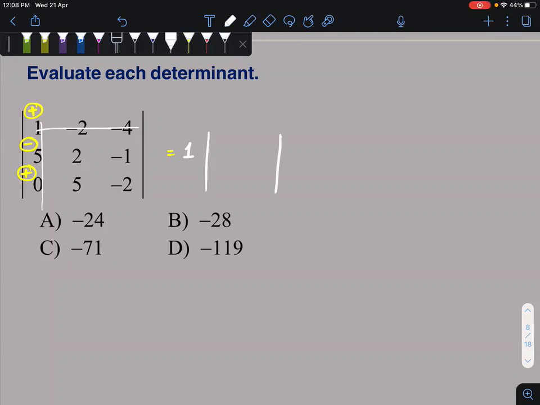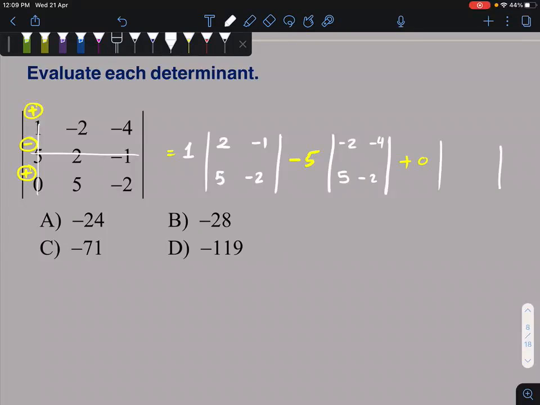Then pick the other elements, 2, -1, 5, and -2. Then minus 5, and make another dot here, consisting of, when we hide the row and the column, -2, -4, 5, and -2. And then finally plus 0, and the dot, no need to write it because 0 times anything gives us 0.